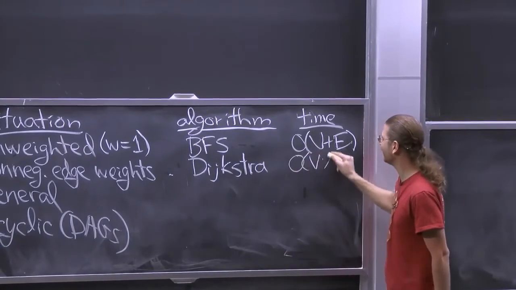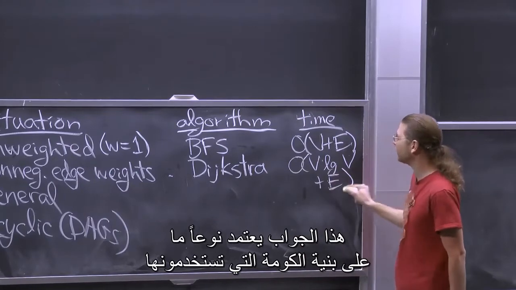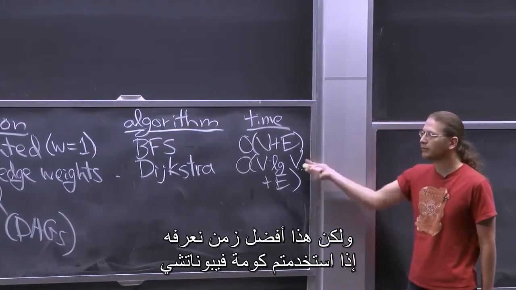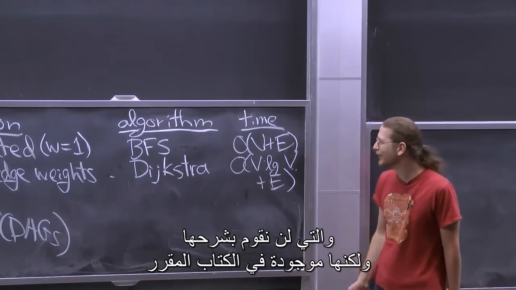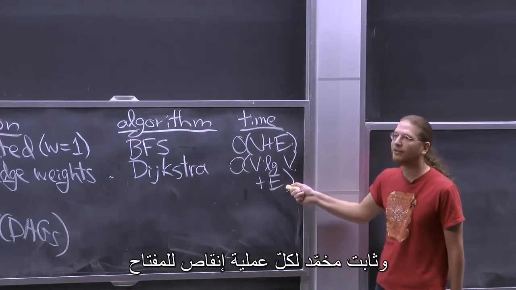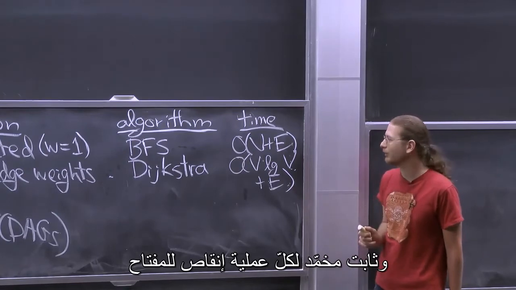Wow, nice. So this answer depends on which heap structure you use, but this is the best we know. If you use a Fibonacci heap, which we don't actually cover, but it's in the textbook, you achieve log V for extract min and constant amortized for each decrease key operation.